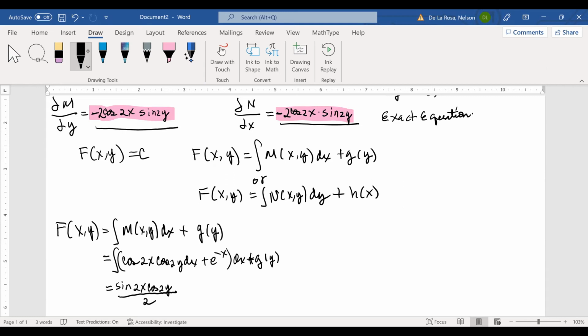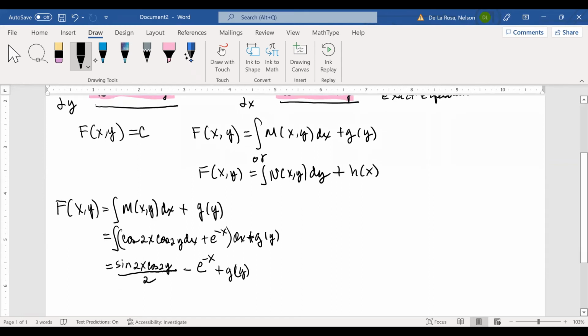So that is why the integral of cosine of 2x is sine of 2x divided by 2. Cosine of 2y remains intact. And then the integral of e to negative x would be e to negative x divided by negative 1. So that negative we can put it in the front. Plus g of y.